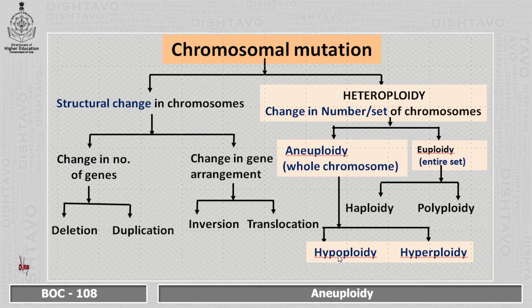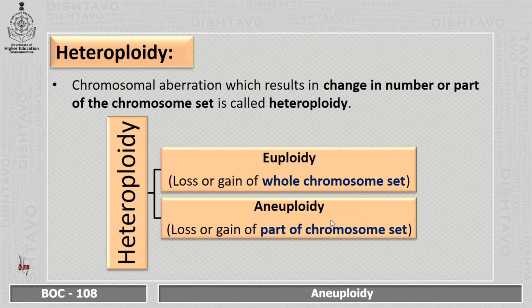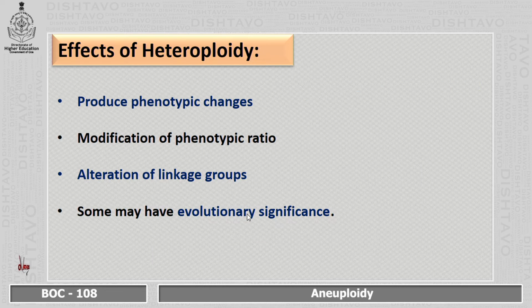So, we know heteroploidy is euploidy and aneuploidy. And what are the effects of heteroploidy? There can be phenotypic changes in the organism, modification of the phenotypic ratio, alteration in the linkage groups, and some may have evolutionary significance.